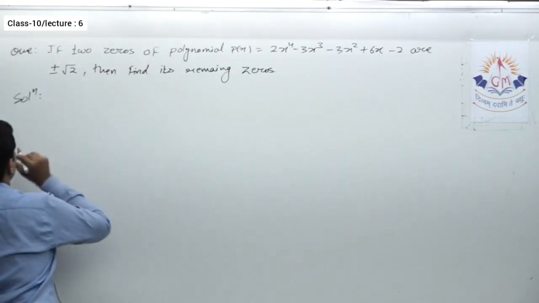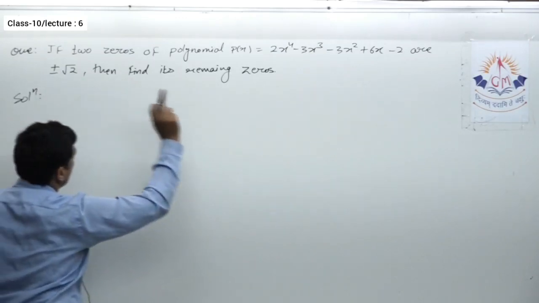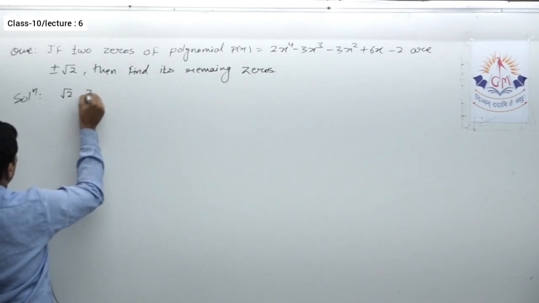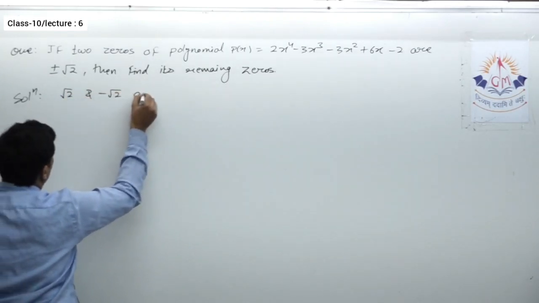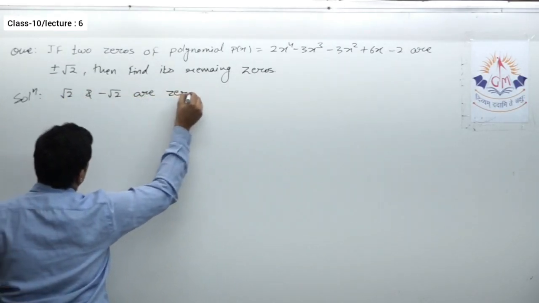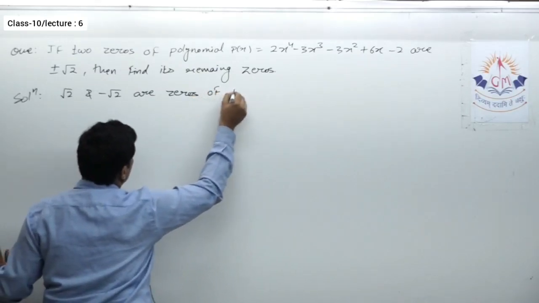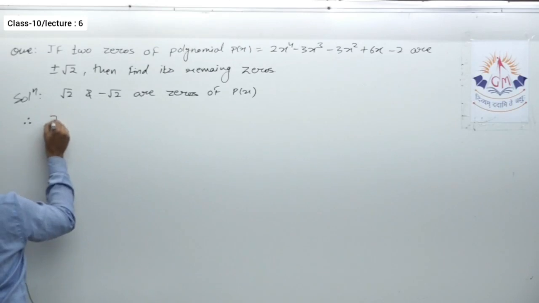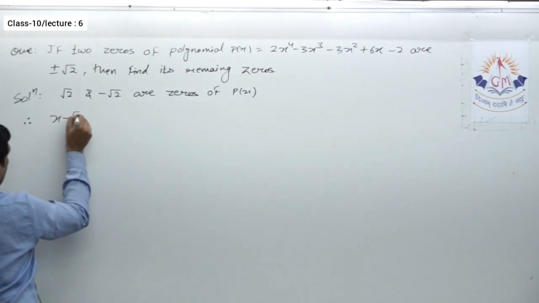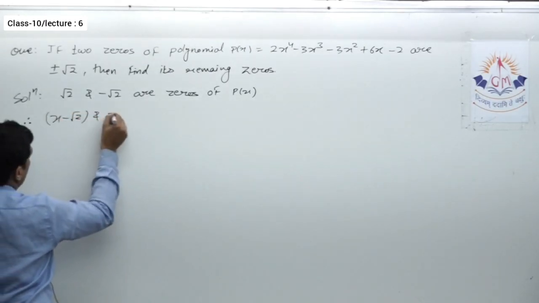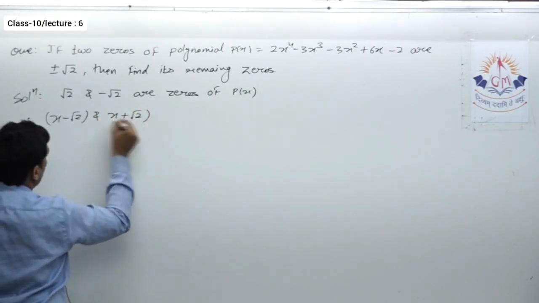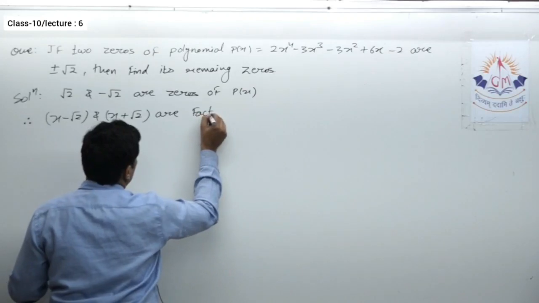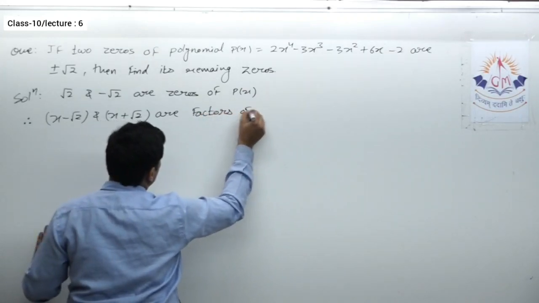Here it is given that +√2 and -√2 are zeros of the given polynomial. So √2 and -√2 are zeros of p(x). Therefore I can say x - √2 and x + √2 are factors of p(x).